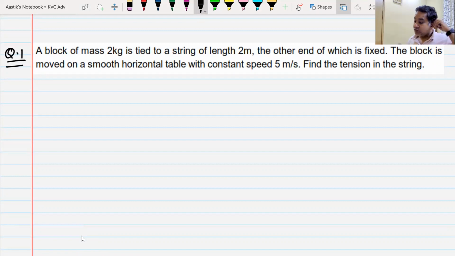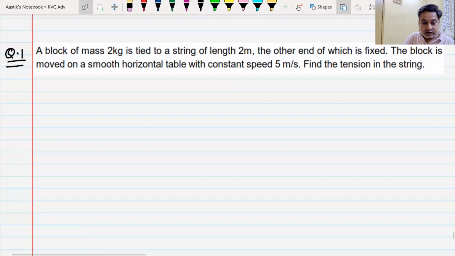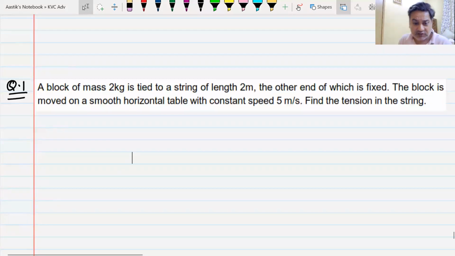A block of mass 2 kg is tied to a string of length 2 meter. The other end of the string is fixed. The block is moved on a horizontal plane with a constant speed of 5 meter per second. Find the tension in the string. Let's see who can get me the answer.